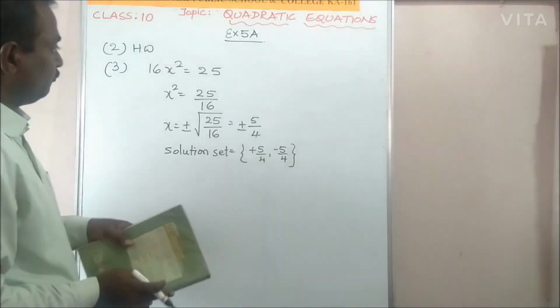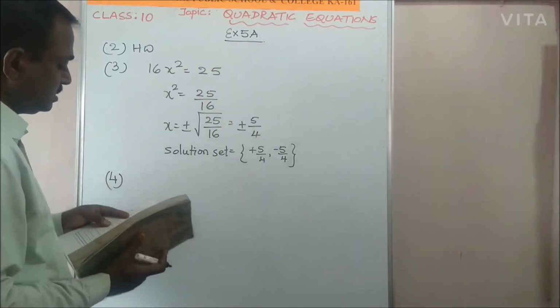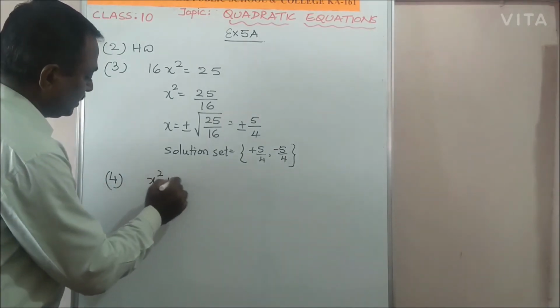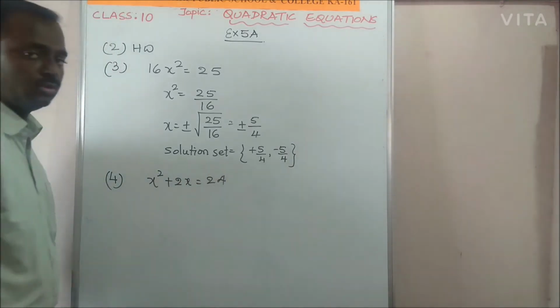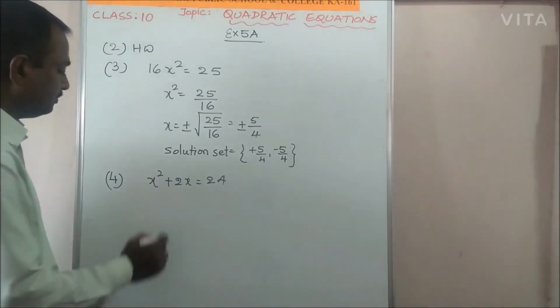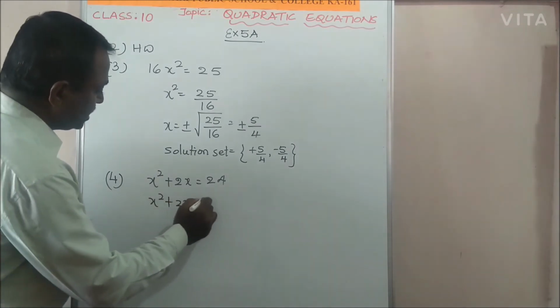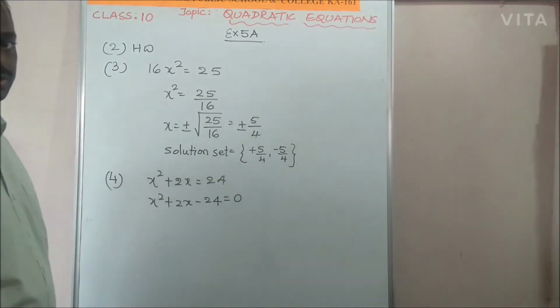Now we will come to the fourth sum here. What does the fourth sum say? X square plus 2x is equal to 24. Write it in the standard form. x square plus 2x minus 24 is equal to 0.